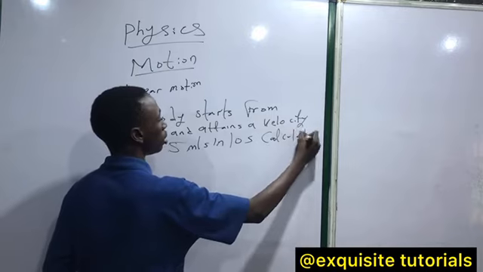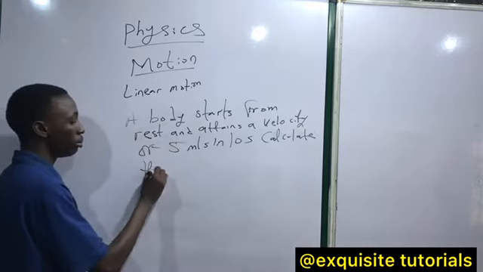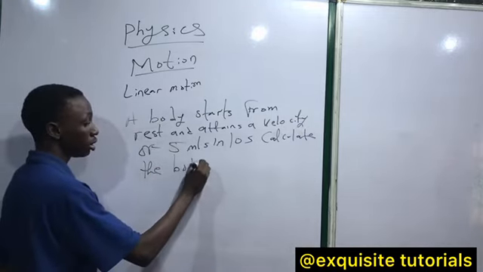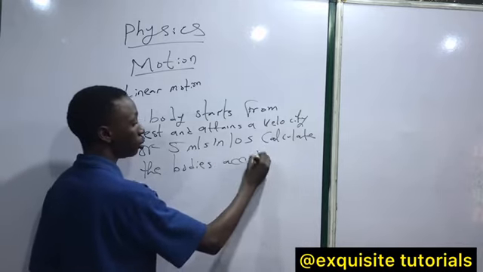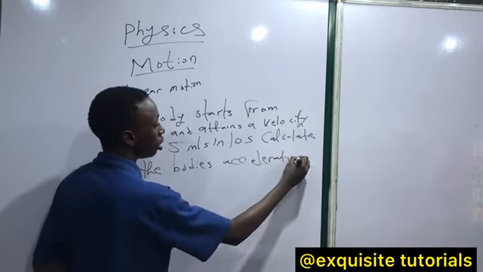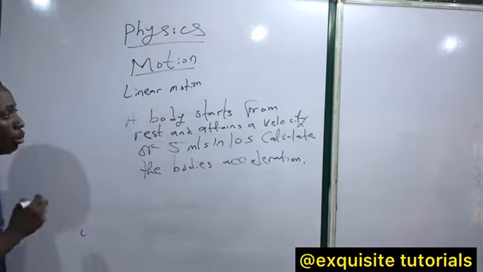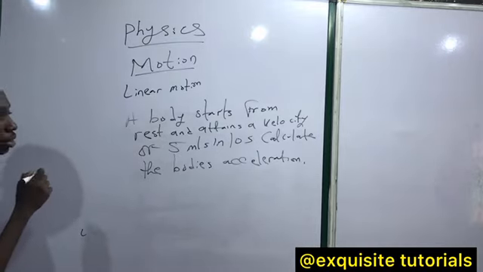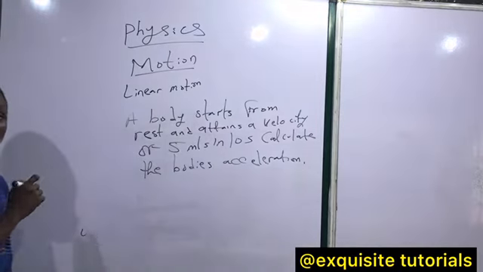Calculate the body's acceleration. Now let's take a look at this question. A body starts from rest and attains a velocity of 5 meters per second in 10 seconds. Calculate the body's what? Acceleration.